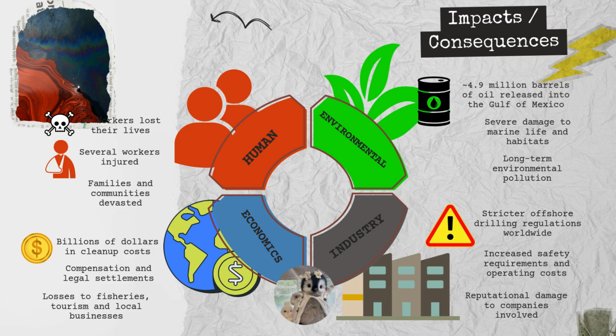At the industry level, the disaster led to stricter offshore drilling regulations, increased safety requirements, higher operating costs, and reputational damage to the companies involved. Overall, the Deepwater Horizon incident demonstrates how failures in platform design, construction, and safety management can result in severe and far-reaching consequences.